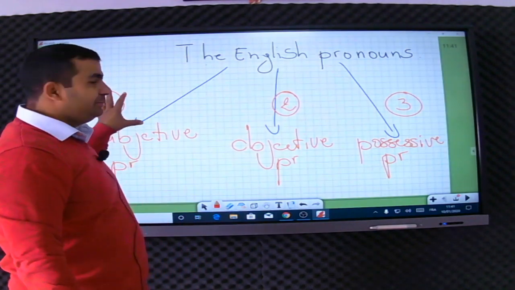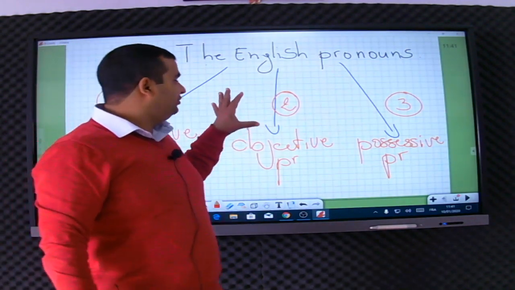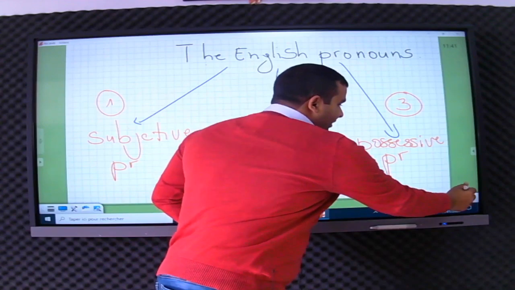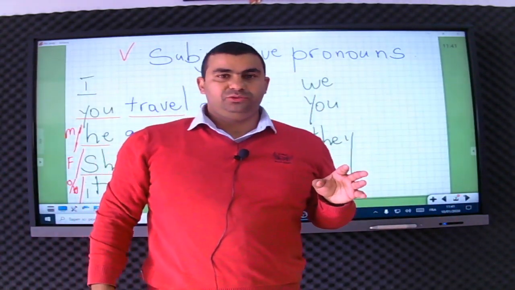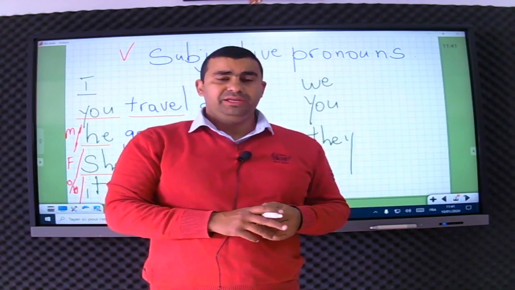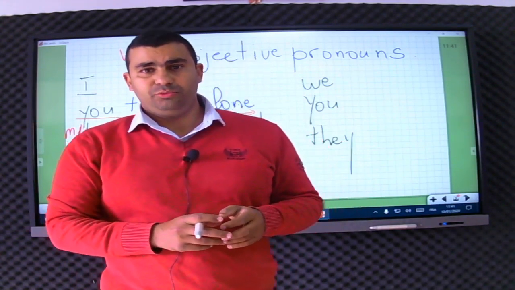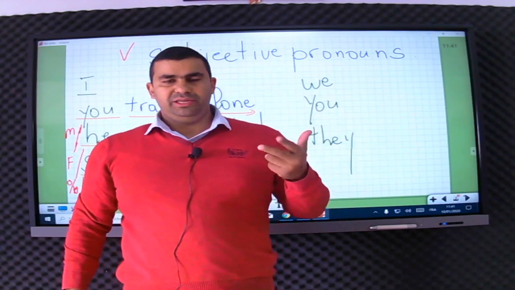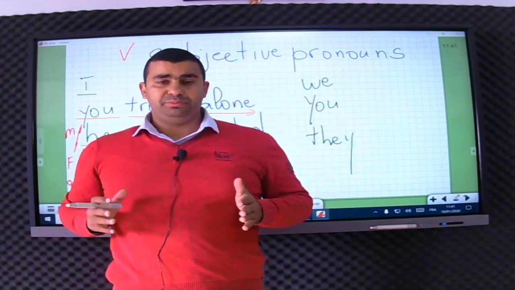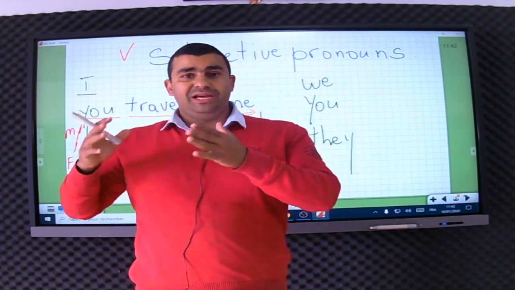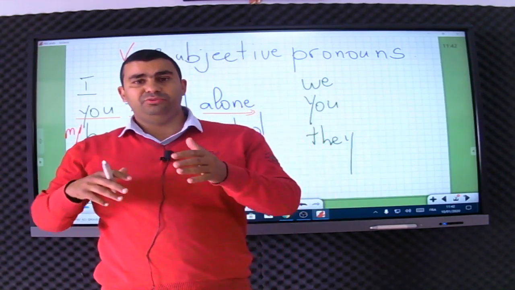We have three types. We have the subjective, objective, and possessive. So the first one that we have started with is the subjective pronoun. And I said that we have I, you, he, she, it, we, you, and they. And they are all subject pronouns, and they come just before a verb.